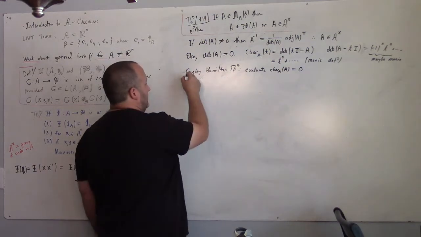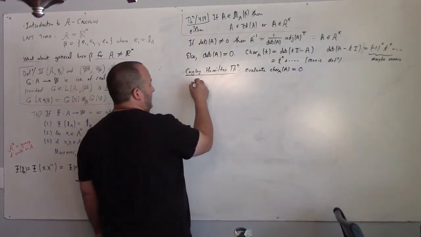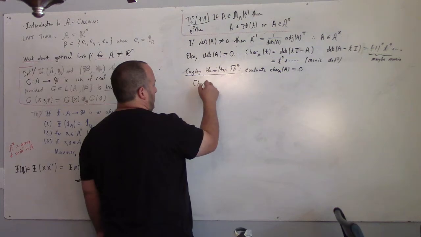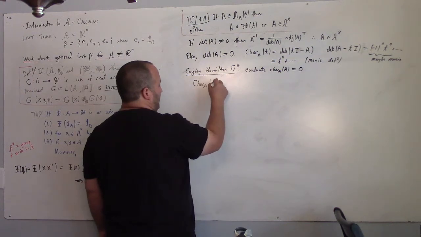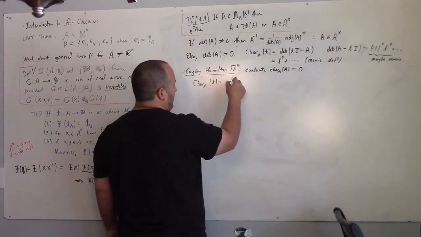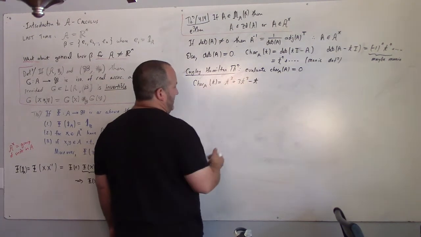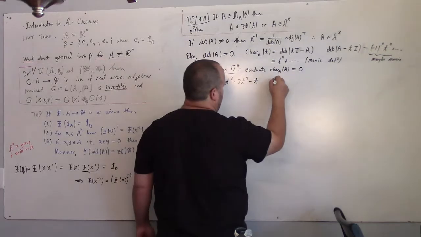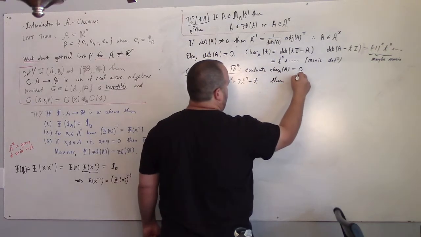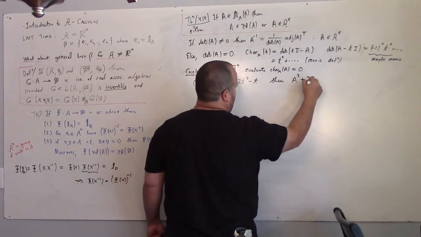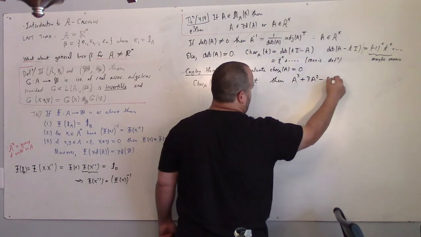So for example, if the characteristic polynomial of a particular matrix works out to t cubed plus 3t squared minus t, then that means the matrix cubed plus 3 times the square of the matrix minus the matrix is equal to 0.